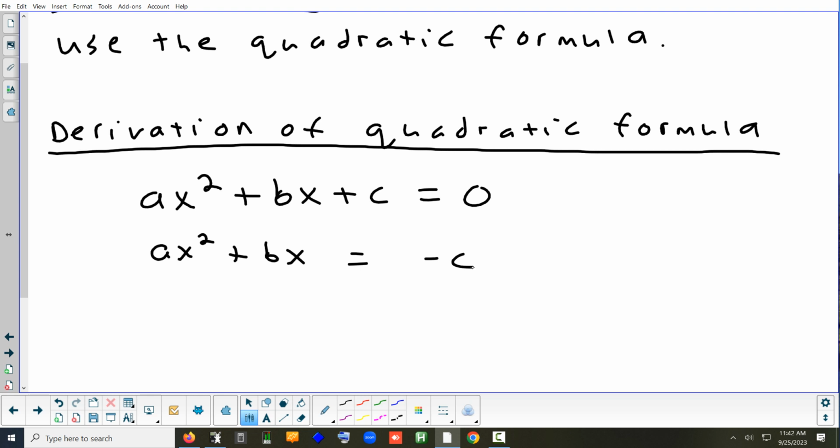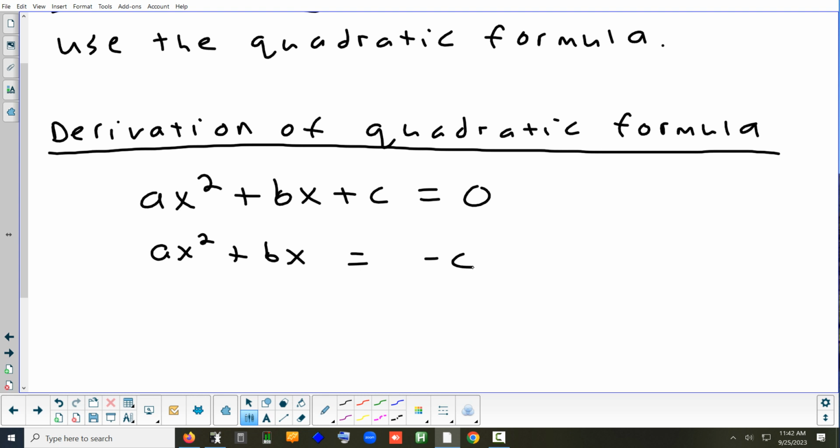So anytime you want to complete the square, you need to do it so the x squared term is a 1. What could you do on the left-hand side to make sure that x squared is a 1 in front of it? Divide by a. Right, you could divide by a or basically factor out an a, and we got to do it all the way across.